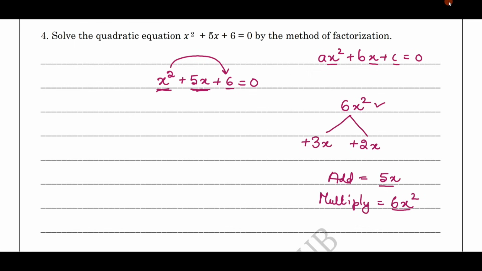Therefore, split the middle term as 3x and 2x. Hope you have understood this. Plus 6 as it is.